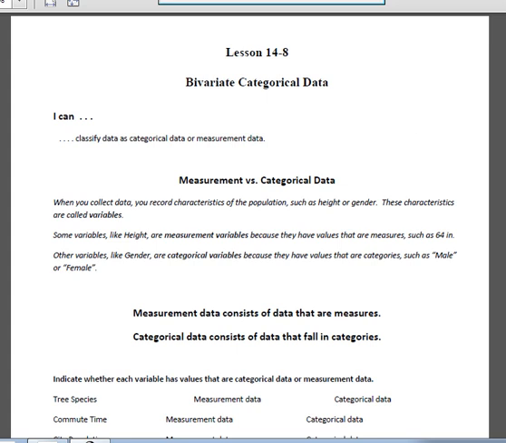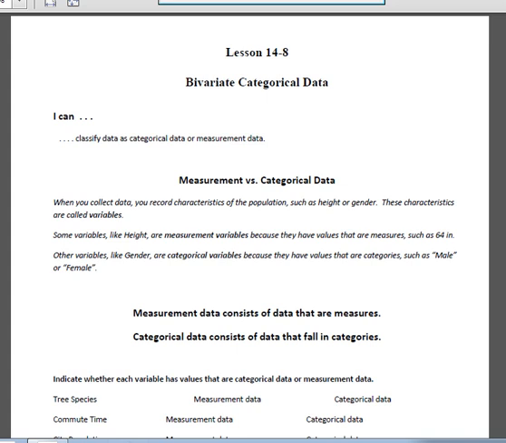The learning target for this lesson: I can classify data as categorical or measurement data. So, here is the difference between the two. When you collect data, you record characteristics of the population, such as height or gender. These characteristics are called variables.